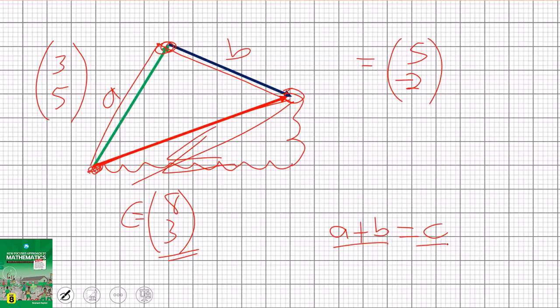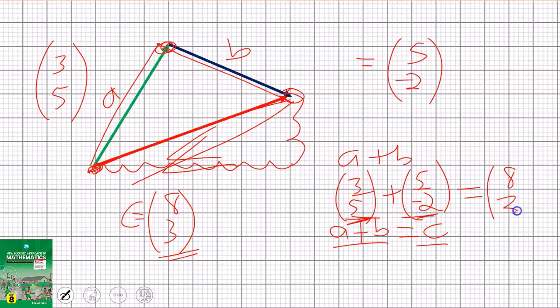And using algebraic means, when we have vector A plus vector B, vector A gave us (3, 5), vector B gave us (5, -2). Let's see this addition. In adding vectors algebraically, we add the x component and we add the y component. The x component gives 3 plus 5 is 8, and then 5 plus -2 will give me 3.